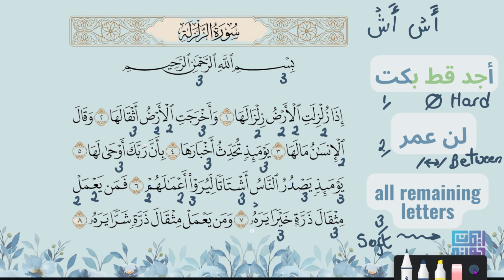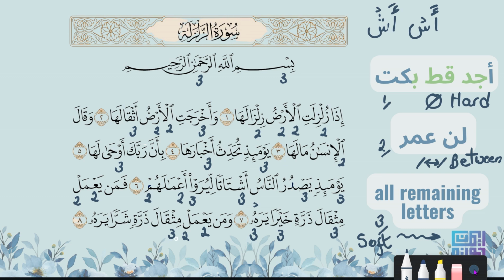So it also, the sound of the ha runs and it is a soft letter. Yara. Okay. And again, the word ya'mal, which is repeated here again. So the ayn and the lam belong to the in-between. So make sure to let the sound run a little bit. Ya'mal, and then mith, the tha again.